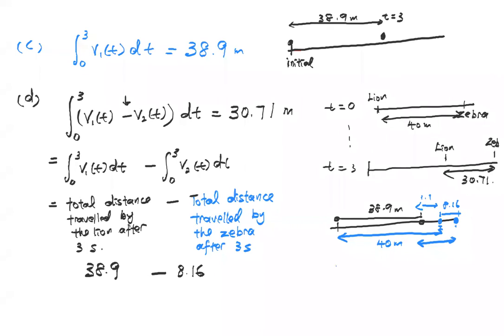So therefore, I can change this question. After 3 seconds, how far behind is the lion from the zebra? I can ask the question like that. So I can say, after 3 seconds, the lion is 9.26 meters behind the zebra.